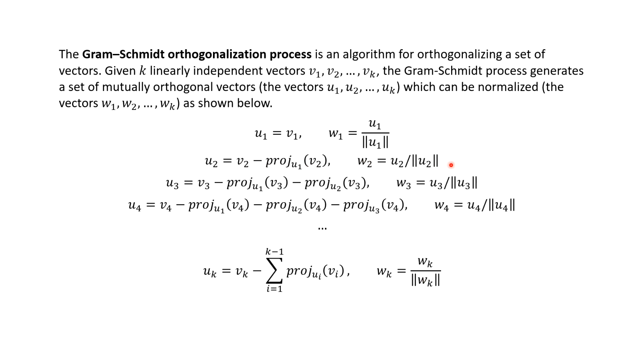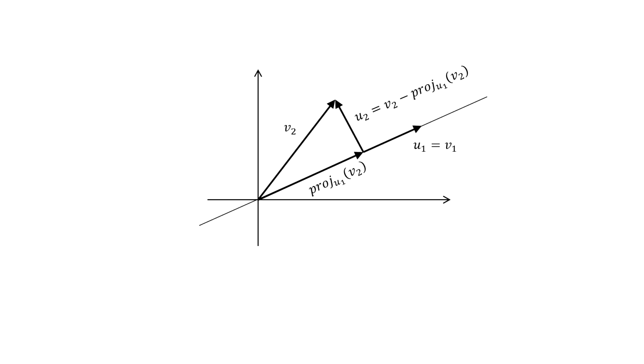I'll just show you what this looks like for the case where you have two vectors in the next slide, just to give you a sense of what we're doing here with subtracting this projection. So I have an example here of the Gram-Schmidt process for two vectors. We start with v1 and v2, so this vector here and this vector here. And then the process tells us that u1 equals v1, so nothing complicated there.